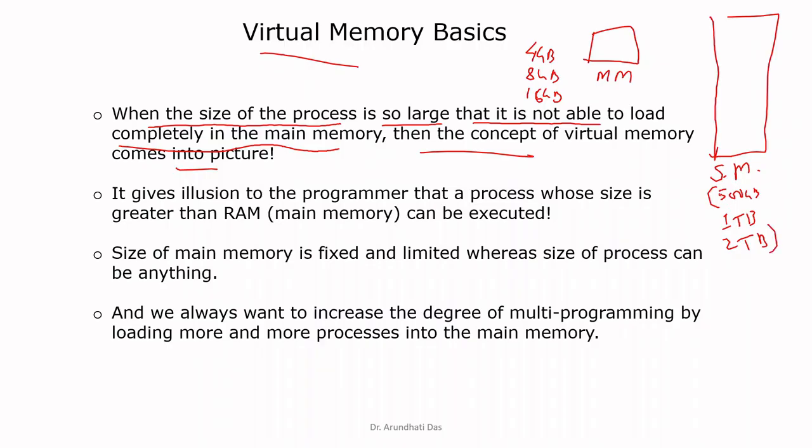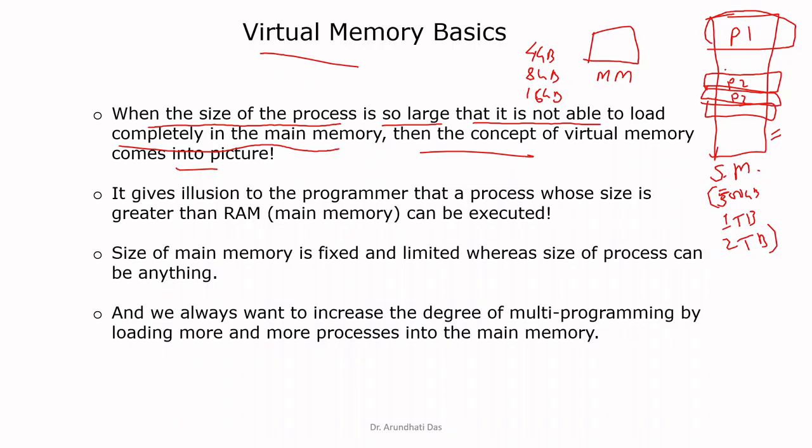Because the size of the secondary memory is so large, I can have very big processes, suppose process 1, and even smaller processes, but in thousands of numbers.